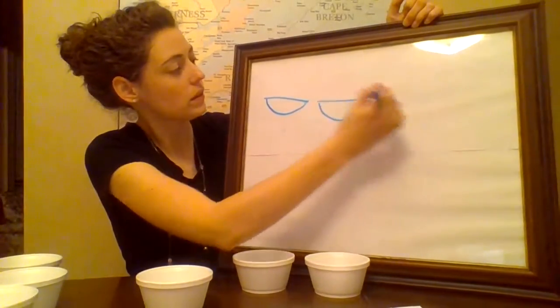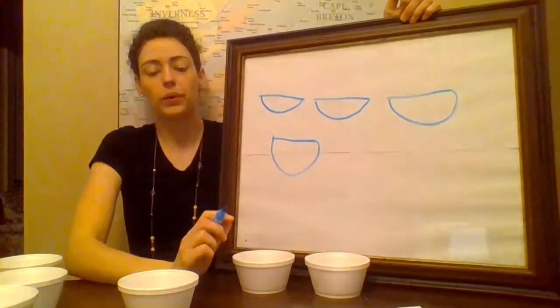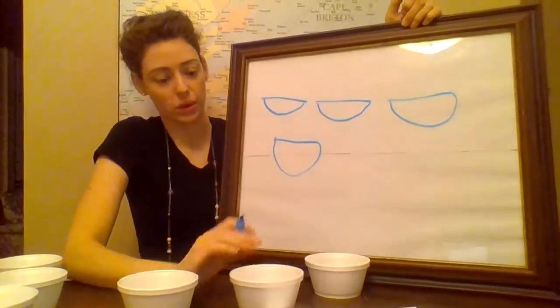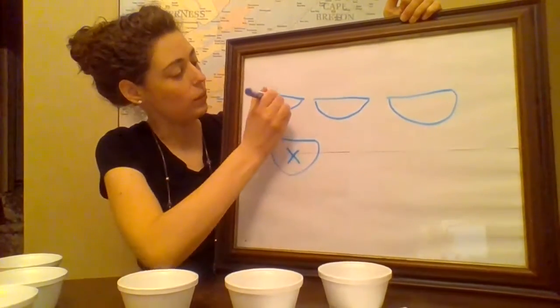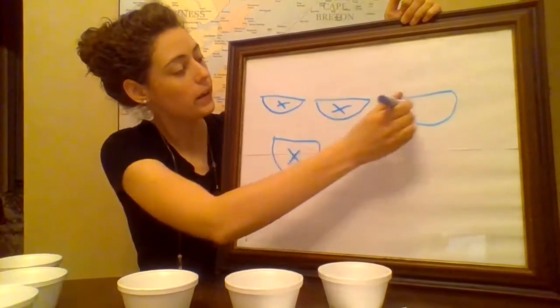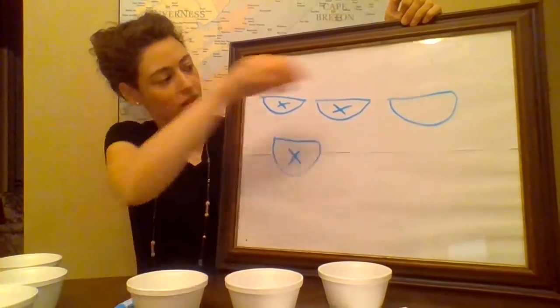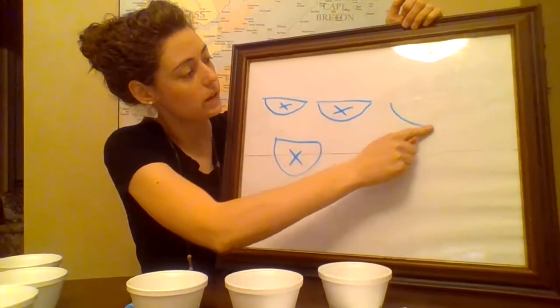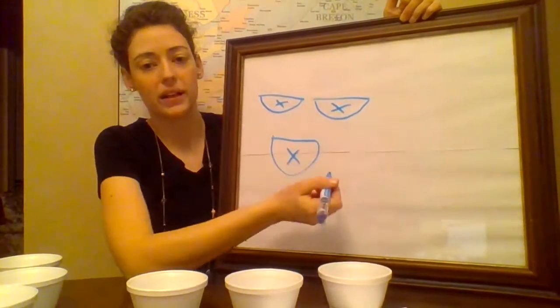1, 2, 3, 4. So remember, the fact that we don't know what is in the bowls, we're going to call that number x. So did we have 3? No. Oops, I drew too many. Let's get rid of this one. So we have 3 bowls, and the value inside is an x.